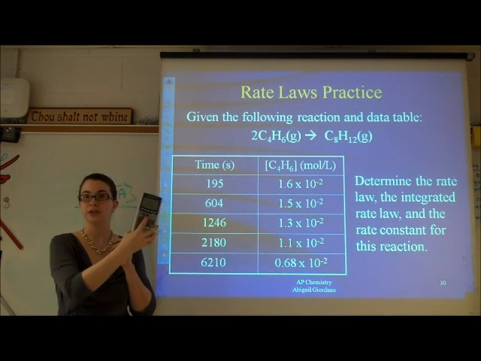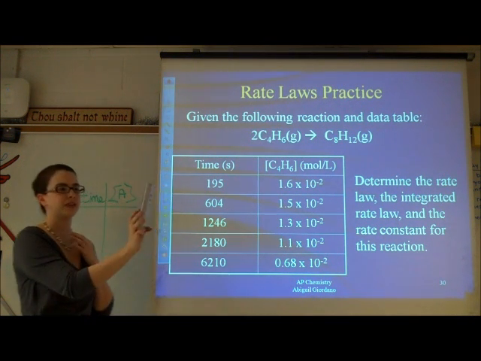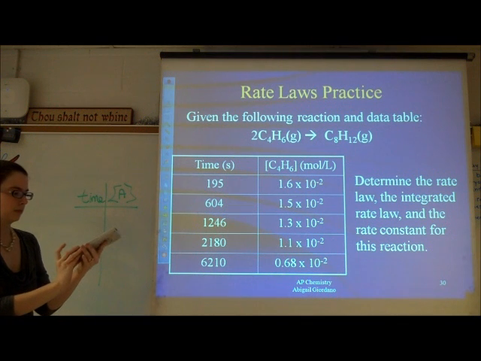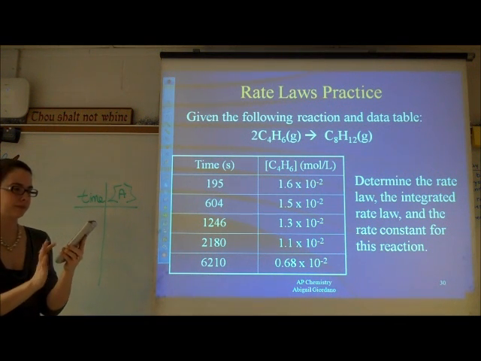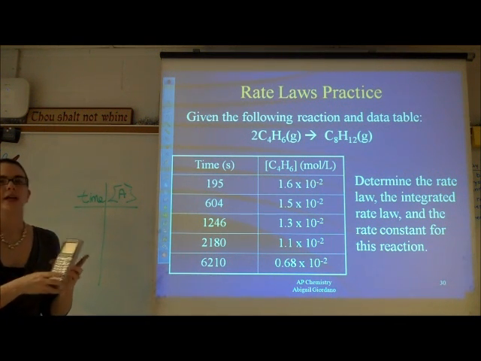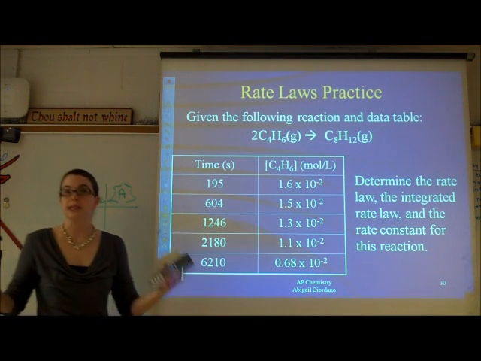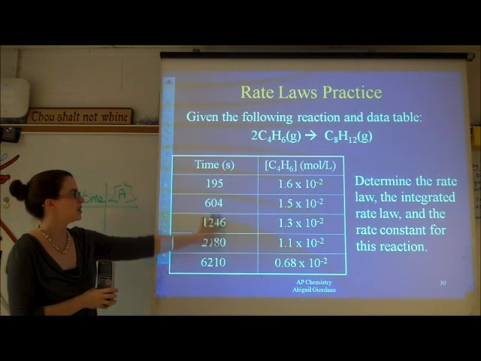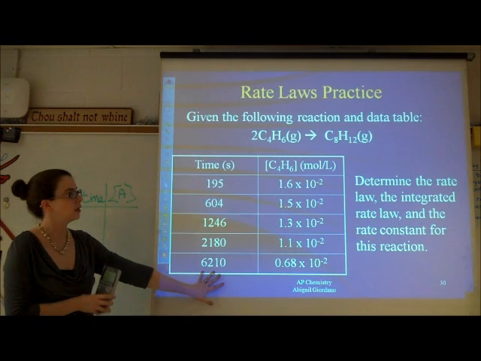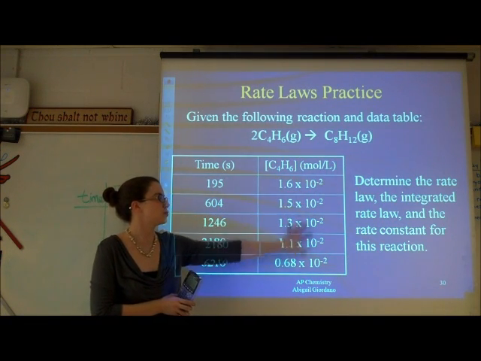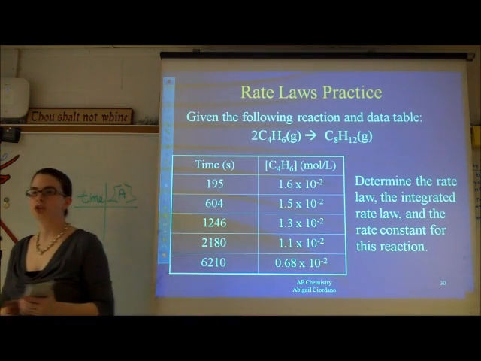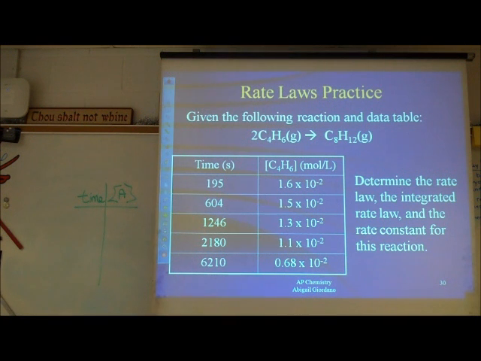On your calculators, push the button that says Stat, then Edit. In L1, which just means list 1, enter these times, and put these concentrations in list 2. Look up when you're finished.